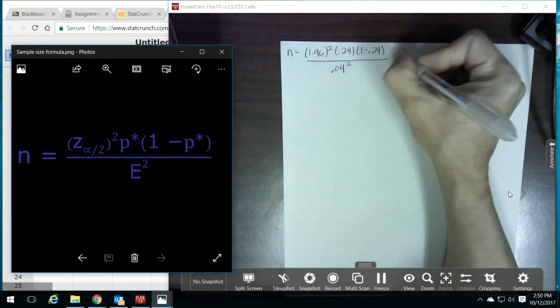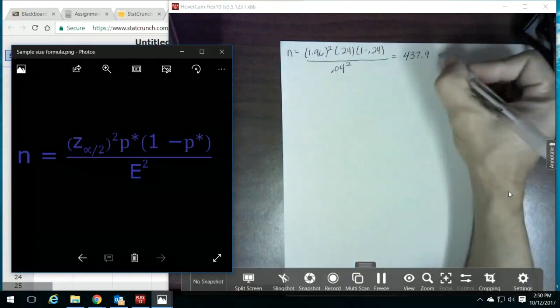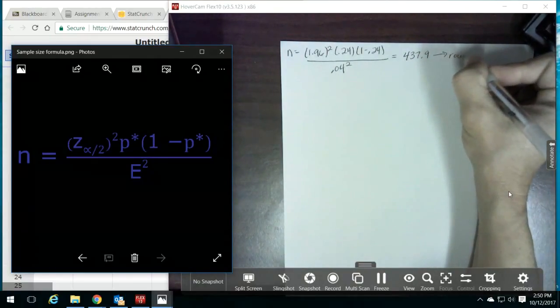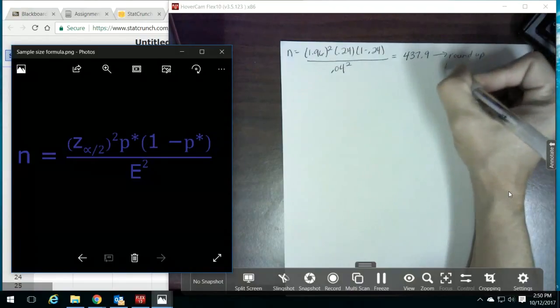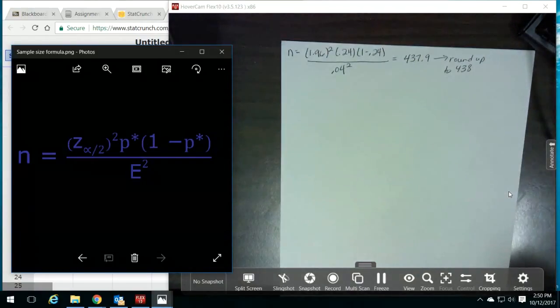I do all that, I get an answer of 437.9, which I would have to round up to 438. That's still too big because my sample size was only 349. So I have to do some other kind of change.